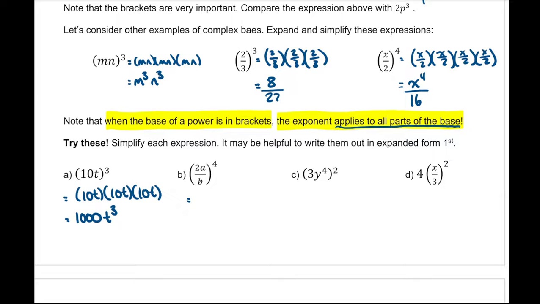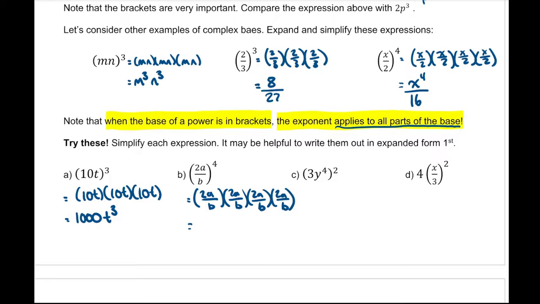For B, 2a over b, all to the power of 4. So again, in expanded form, 2a over b times 2a over b times 2a over b times 2a over b. I have 4 of those brackets together. Again, on the top, I'm going to focus on just the numbers.